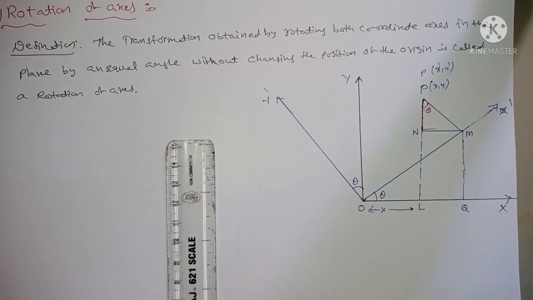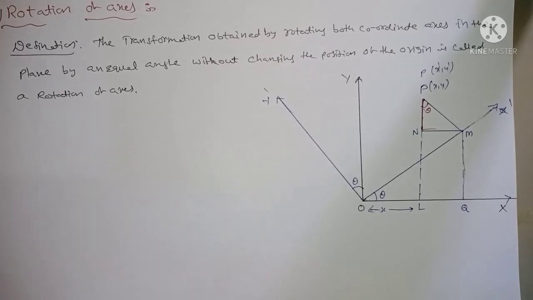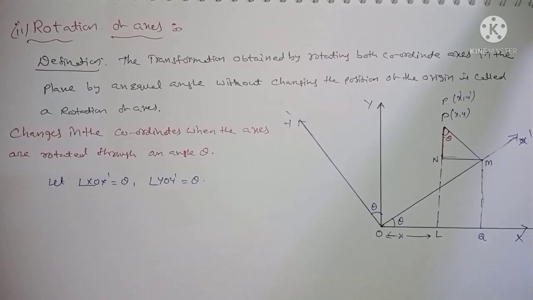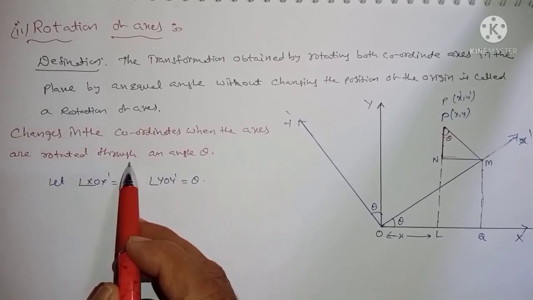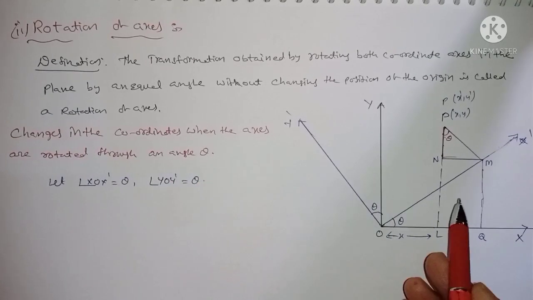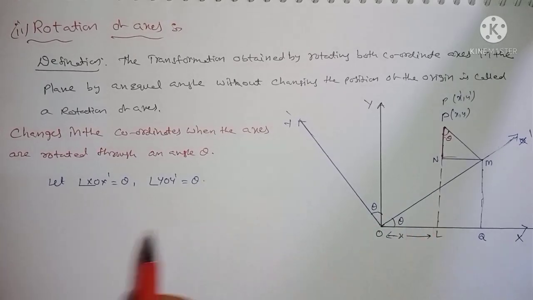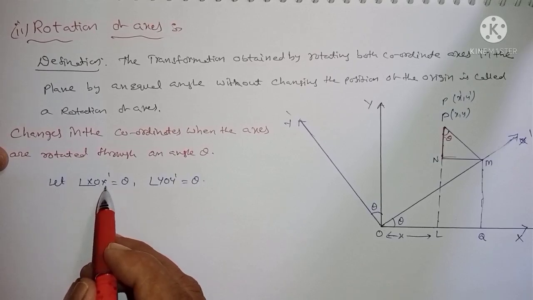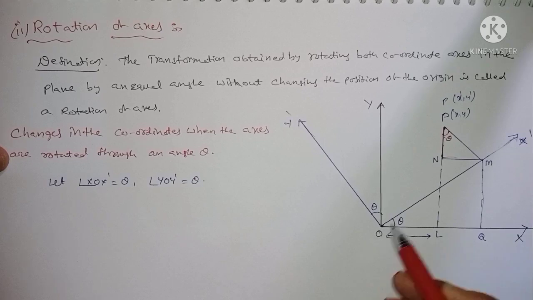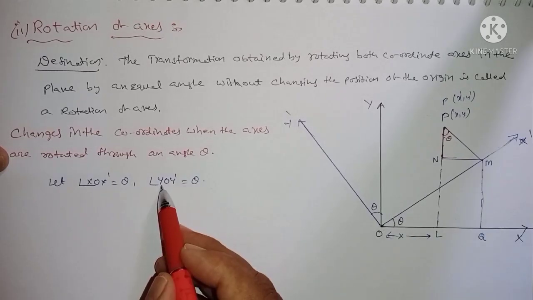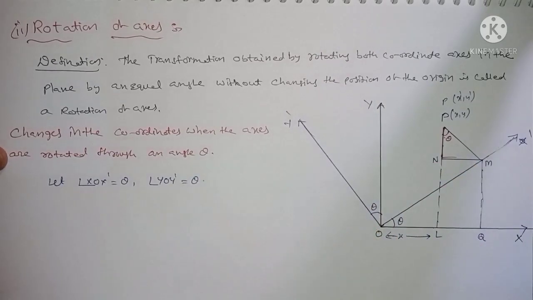Therefore, let us see the changes in the coordinates when the axes are rotated through an angle theta. We rotated the axes by the angle theta. The angle XOX dash is theta, and YOY dash is also theta.